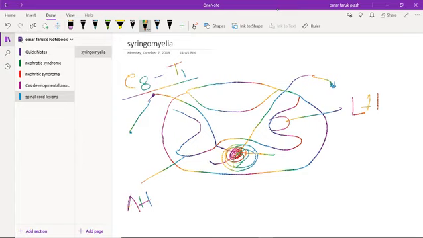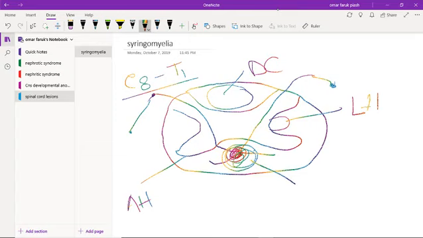Presents as sensory loss of pain and temperature, sparing the fine touch and pressure sense. Why? This is the dorsal column. The spinal cord is intact, but the anterior commissure is involved.